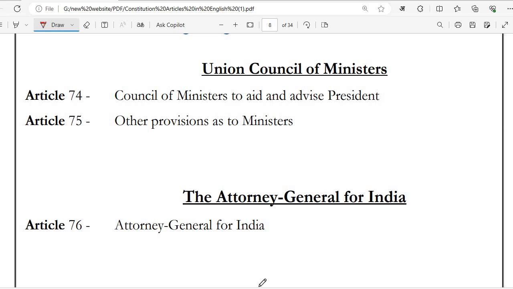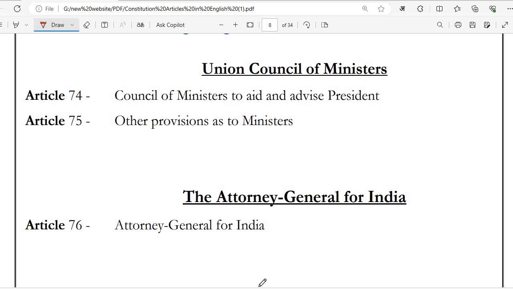Article 75 makes provision about the ministers, under which first the Prime Minister is appointed by the Indian President. Other ministers along with the Prime Minister are appointed by the President on the advice of the Prime Minister. Any person may be Prime Minister or Minister without being a member of Parliament for 6 months.